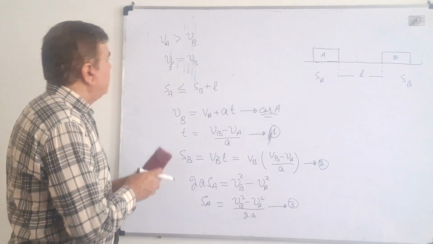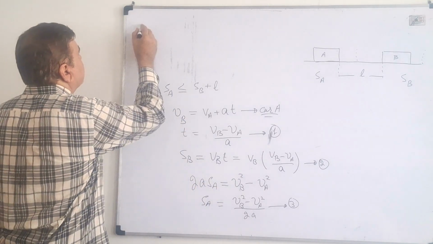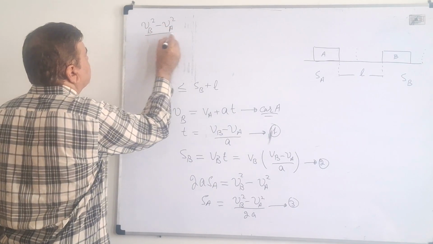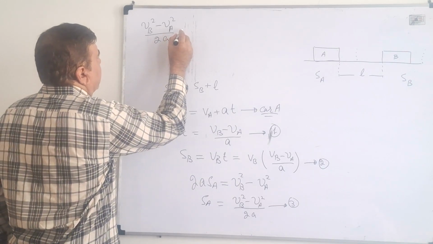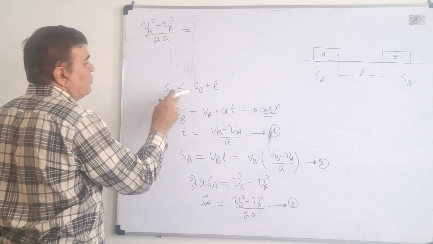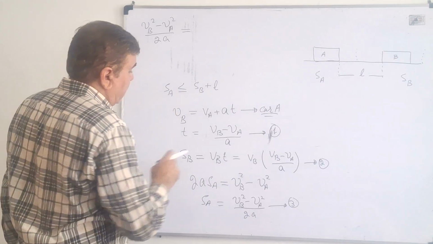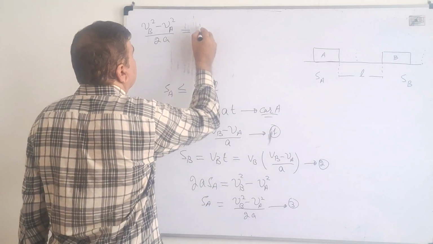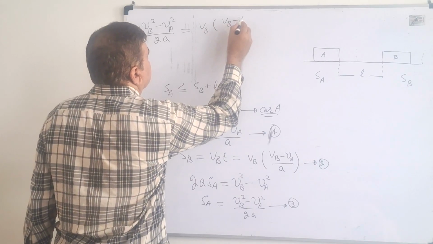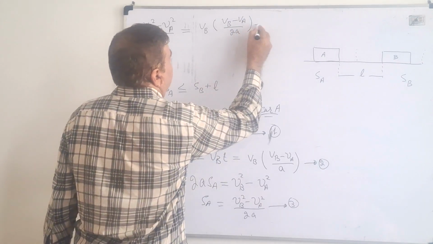If I put these values, for SA I write (VB squared minus VA squared) divided by 2A, and I want to consider the extreme position, that is, I put this to equal, ignoring the less-than condition. Then I put the value of SB: VB times (VB minus VA) divided by 2A, and then plus L.